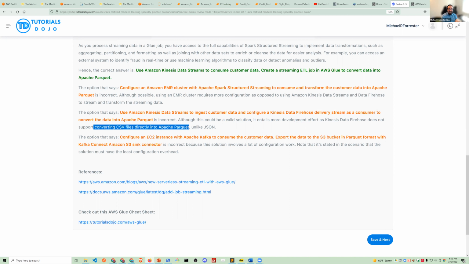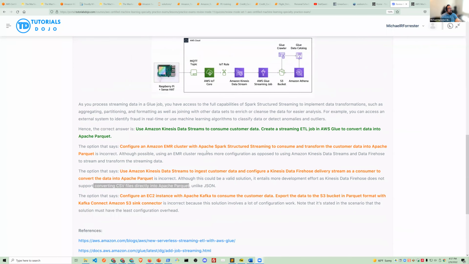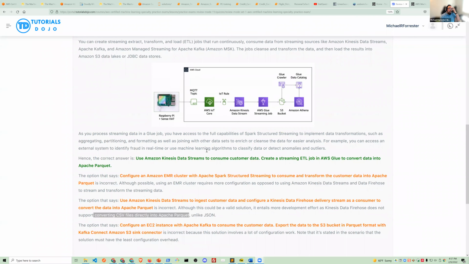Okay, so I just have to say this really quick. Where's my pause button? Okay, so this is where that cheat sheet, when we were talking about the exam guide, where it said Kinesis Data Firehose, you probably just want to learn a little bit about it.